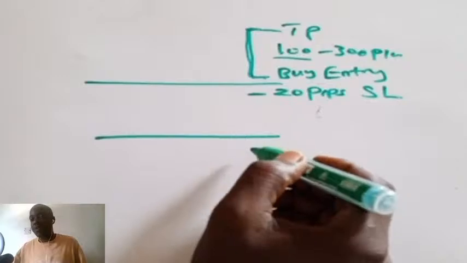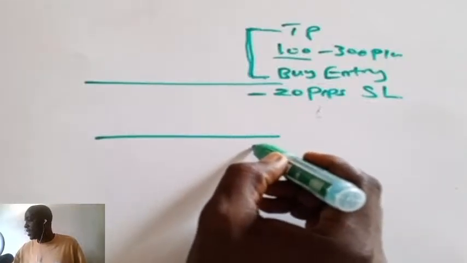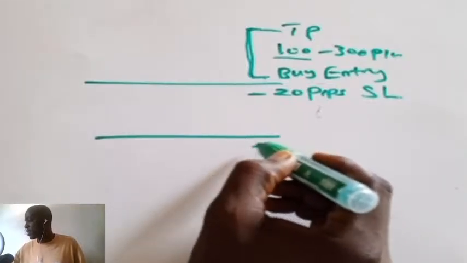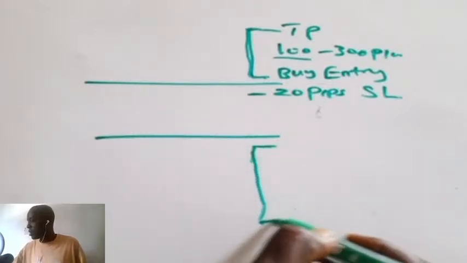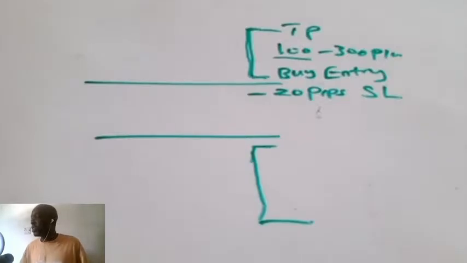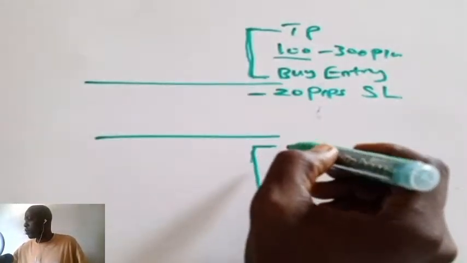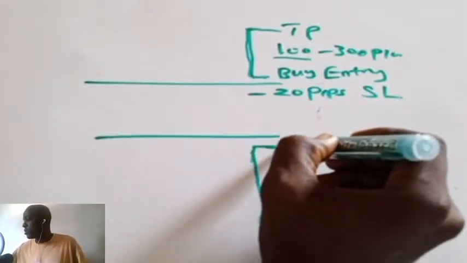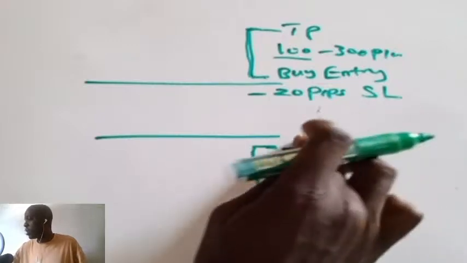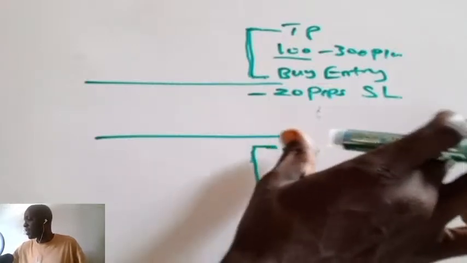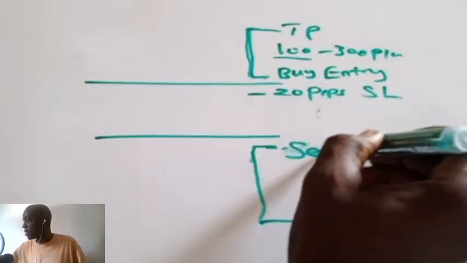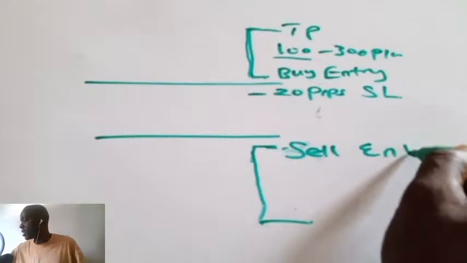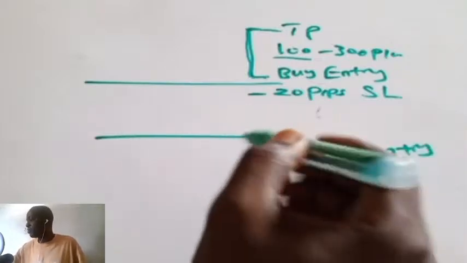So we do the same for the sell entry, where our sell entry will be here.